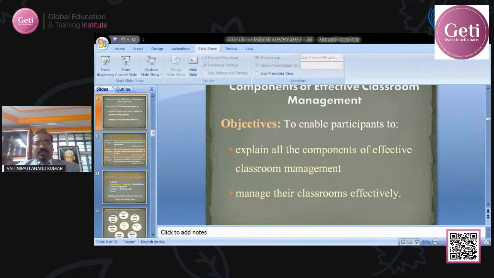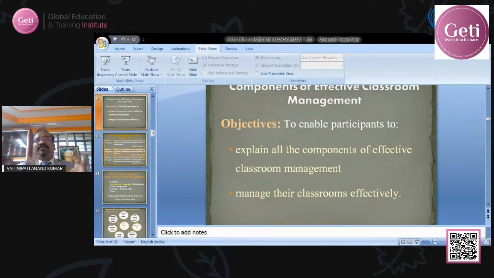So now coming to the first P that I earlier showed in the slides, PEMC. The P stands for plan. Plan meticulously and effectively for the effective content management. What are the things that need to be planned? The content, how much is to be taken up, the interactive engaging methodology, that is most important.